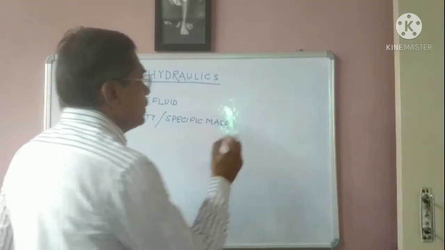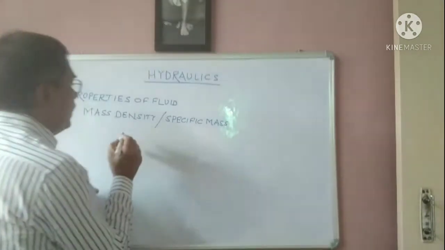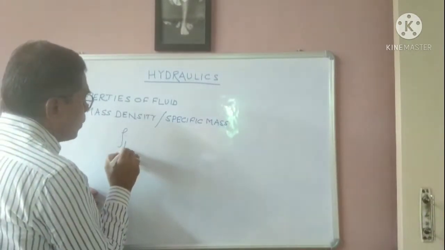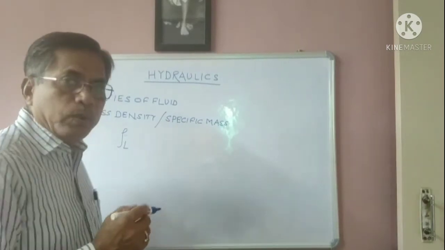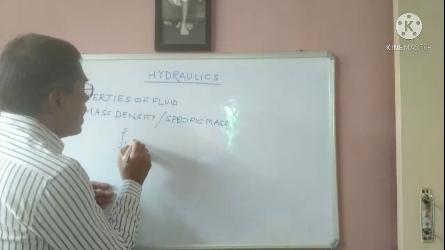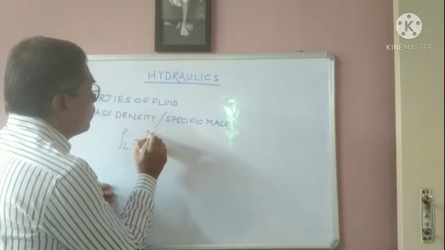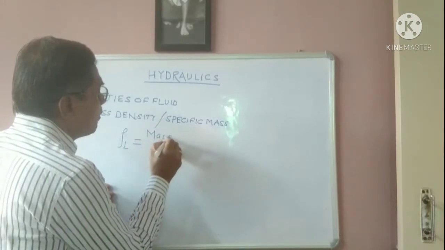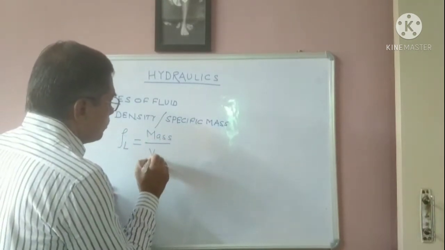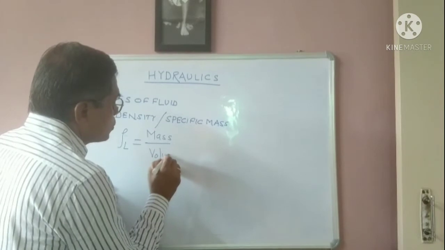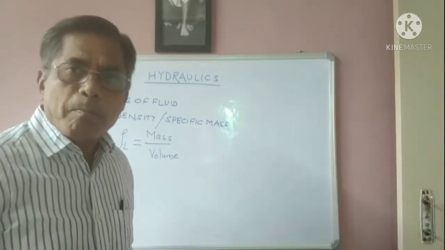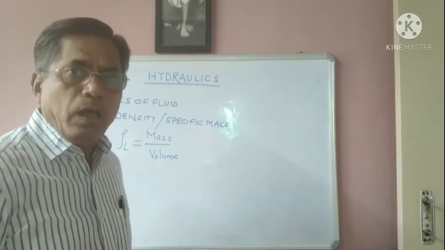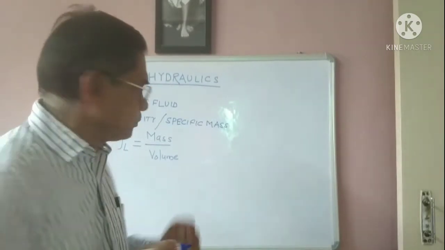Now, the first property, that is mass density or the specific mass. It is denoted as rho L. Mass density of fluid is the mass per unit volume. So it is the ratio of mass of fluid to the volume of fluid.